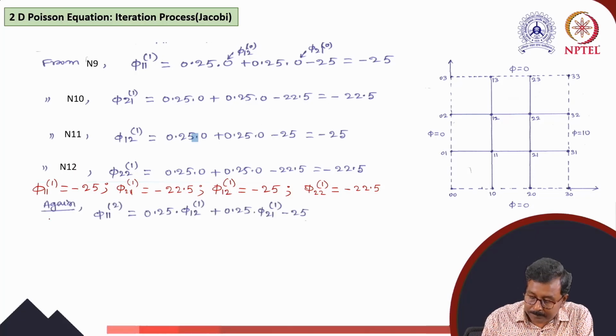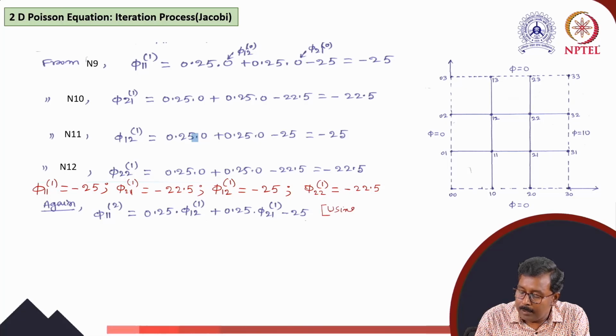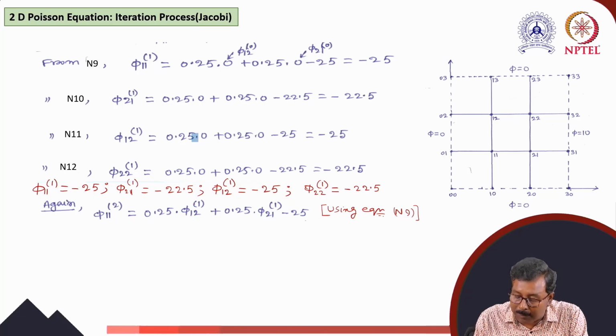So now let us put this phi 1 1 as 2. This is 0.25 into phi 1 2 1, from the N9 equation. Now this phi 1 2 value will be the first iteration value, that is minus 25, and 0.25 into phi 2 1 1, which is minus 22.5, minus 25.